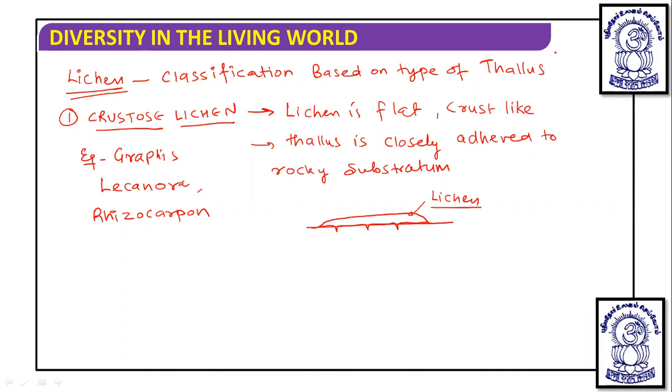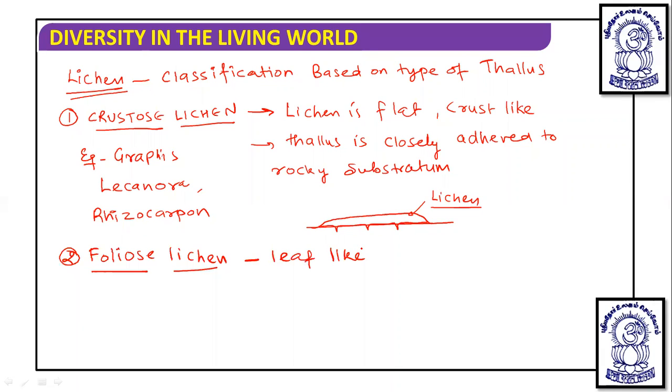Now, another type of lichen that we are going to discuss, the second type, is foliose lichen. As the name suggests, foliose means leaf. So whatever lichen is leaf-like, that lichen is kept in the foliose lichen.